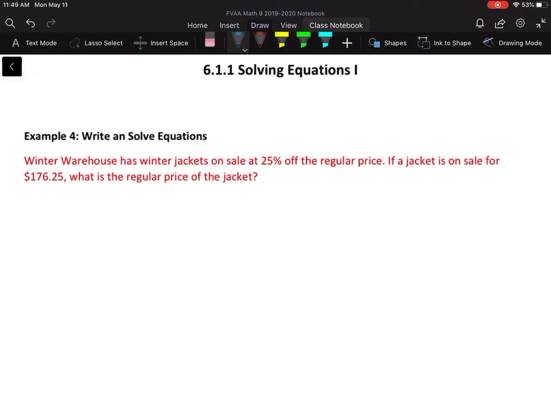Aha. Okay, so there are some components to this question that are a little bit tricky, but hopefully you were able to determine this.